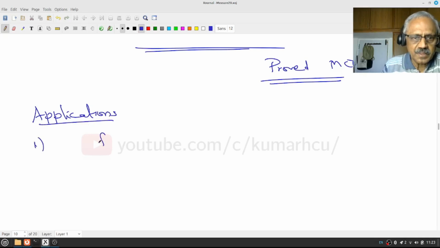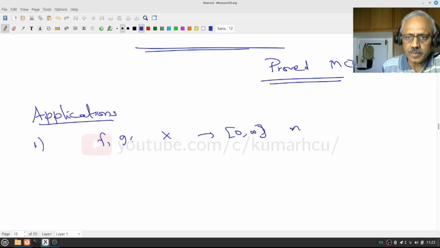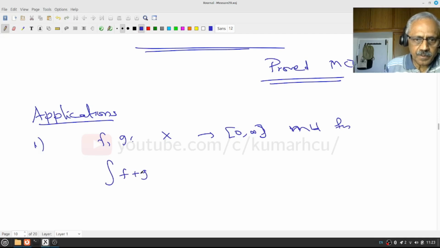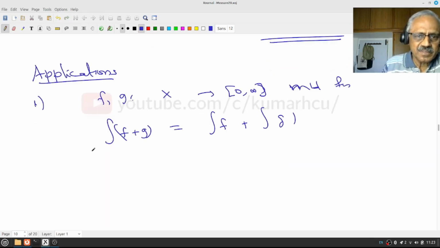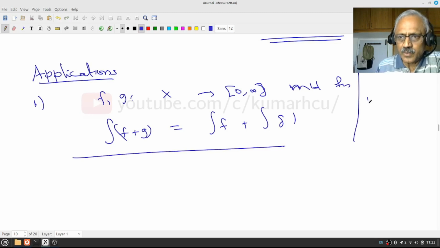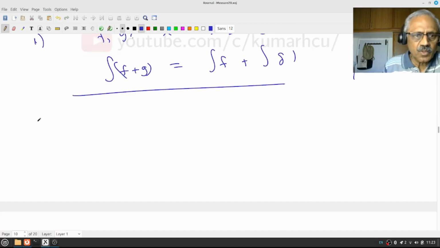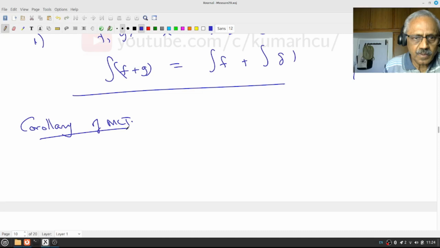Suppose f and g are non-negative measurable functions, then integral of f plus g is integral of f plus integral of g. Before the application, let us observe a quick thing. An immediate corollary of MCT is the following.